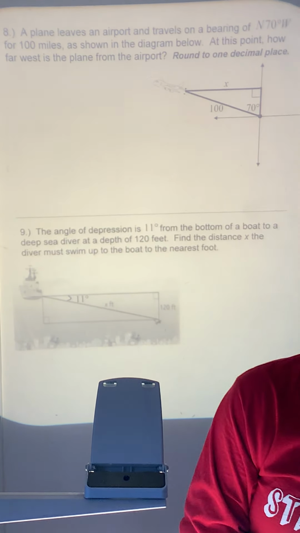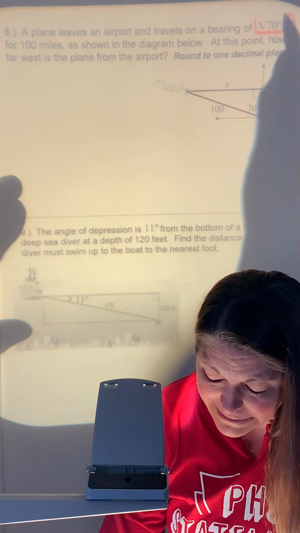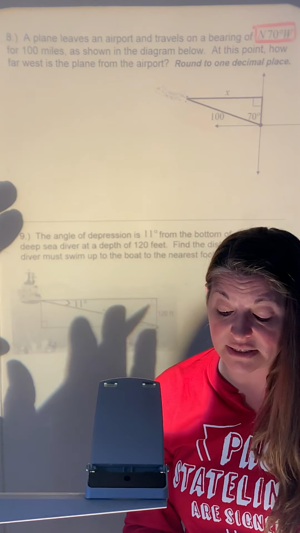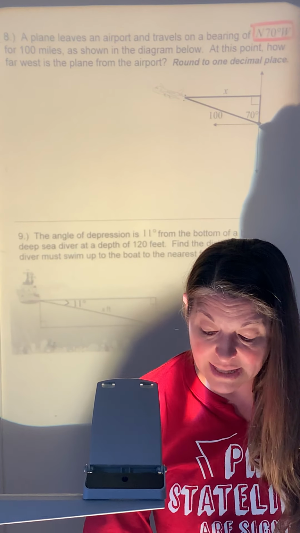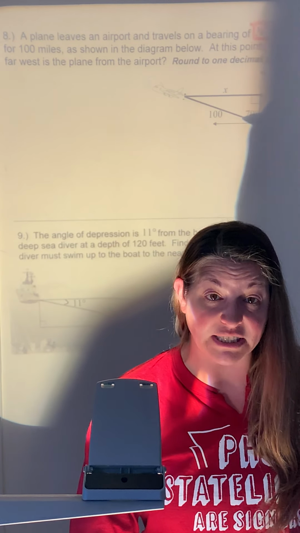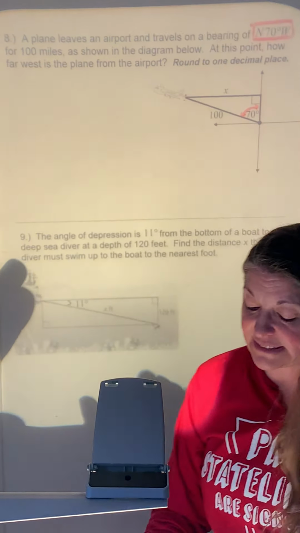Just to clarify what that means, I'll always give you the picture, so you don't really need to know. But if you're curious, north 70 degrees west means that the plane left going north, but swayed 70 degrees to the left. So from here to here is that 70 degrees.